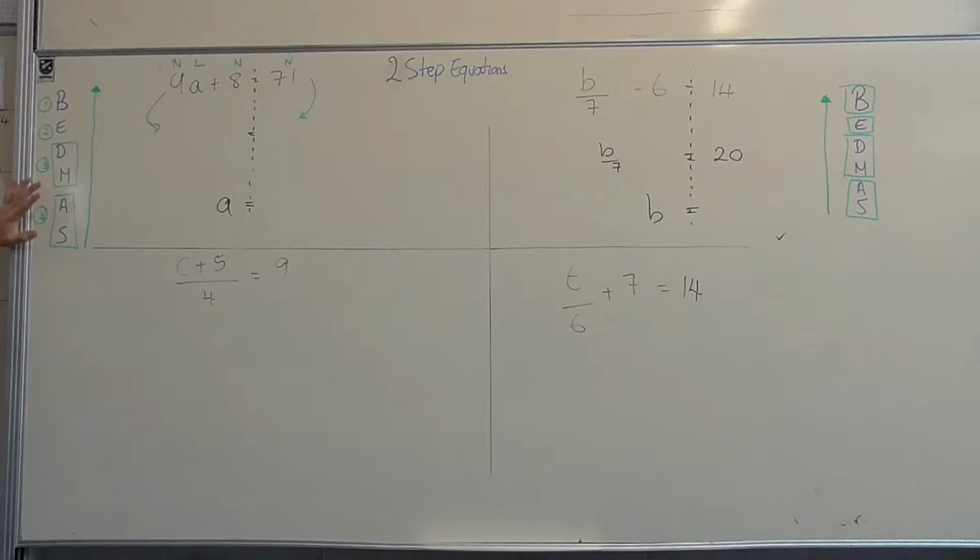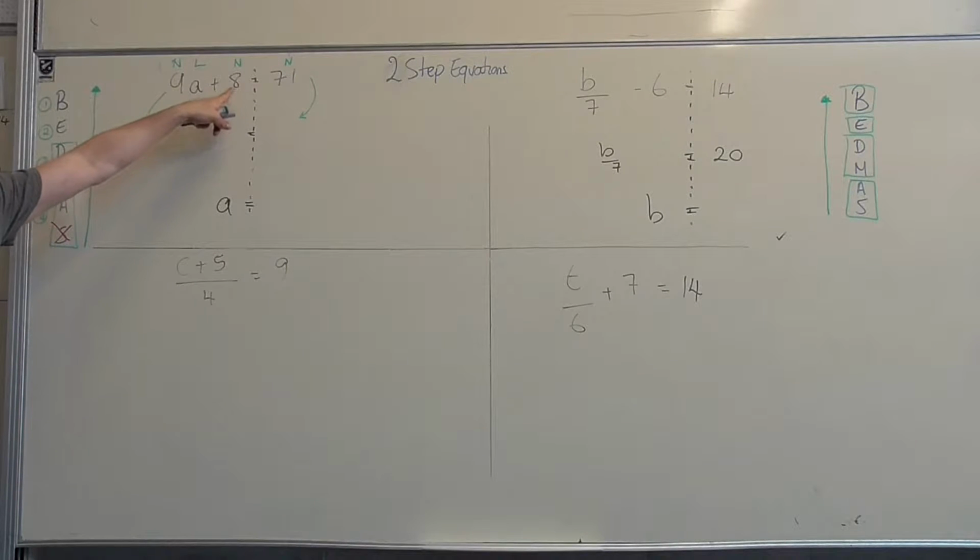Okay? But what you're going to do is work the opposite way to BEDMAS, and I'll make a BEDMAS video so you can watch it and it'll explain why we work the opposite way to solve. So, if I look at BEDMAS, there's no subtraction, so I'm not going to use that. So the next one I'm looking for is, is there an addition?